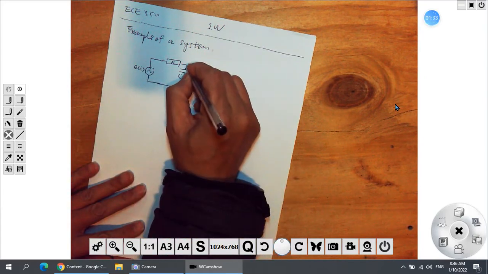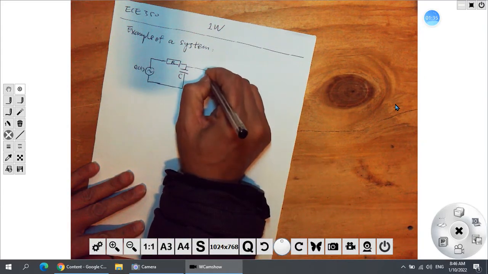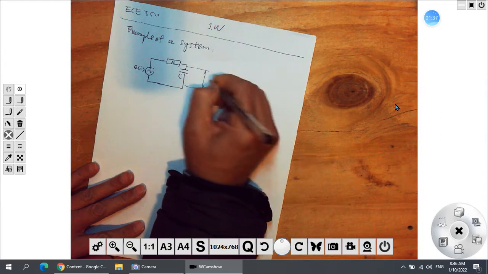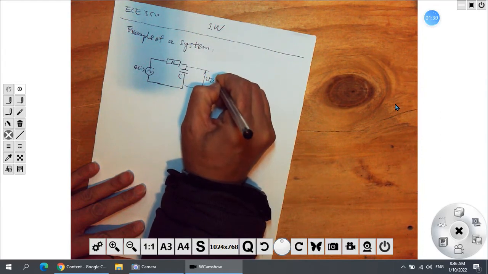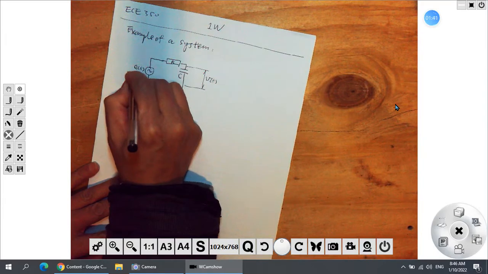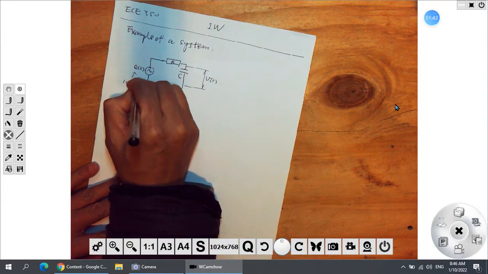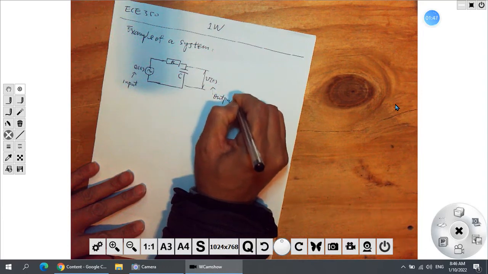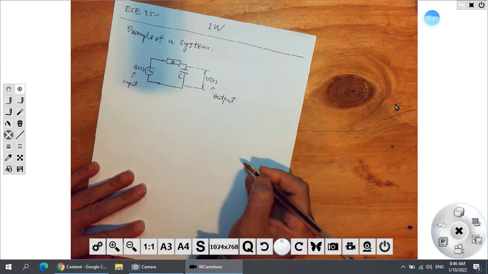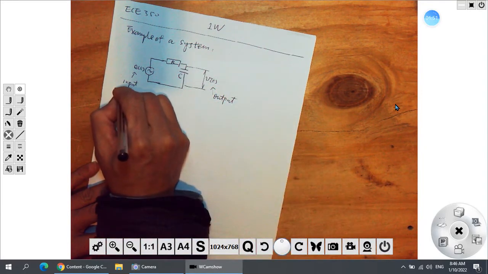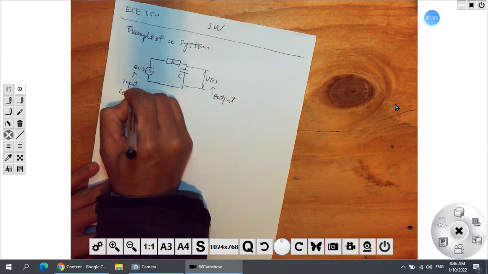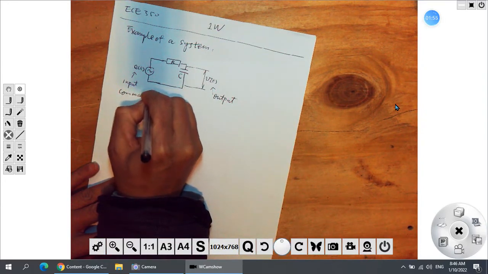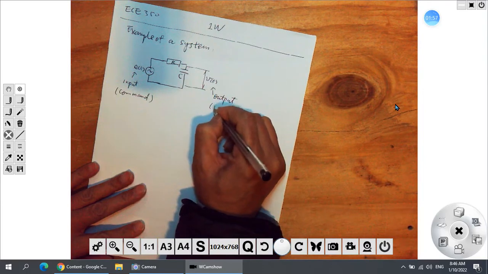Then we measure here the output V of t. So this is the input. This is the output. Now this is the system. You can also think of this as a command, and this is the response.